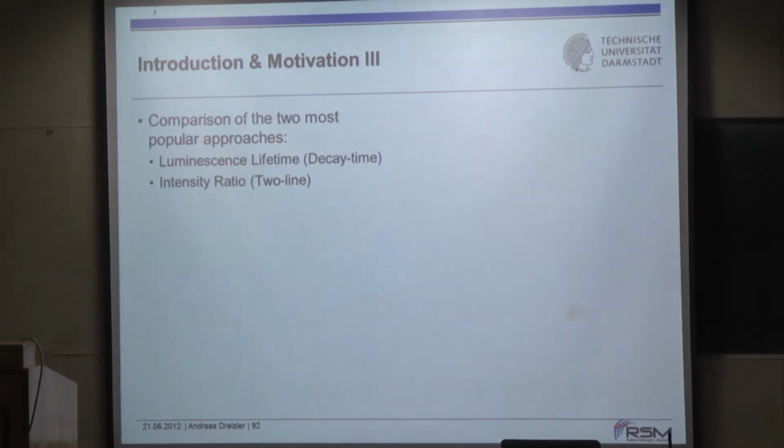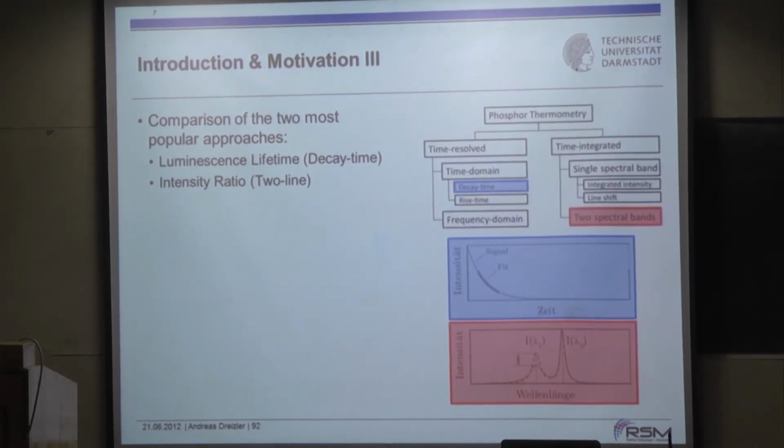And so the most popular approaches are the decay time or the ratio after a two-line detection. And this is what I would like to compare in the following a bit closer, and take this as an example that especially this ratio method is more prone to systematic errors than the other technique.